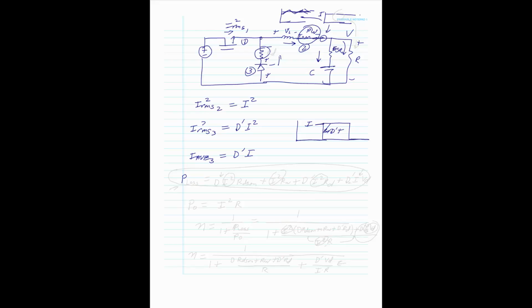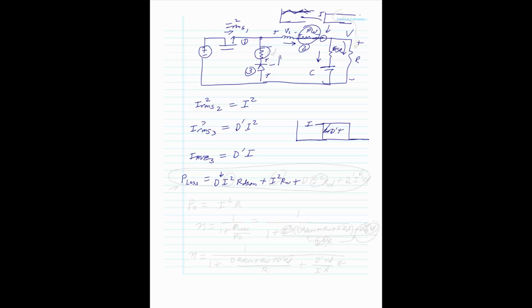The power loss now, you go back to the equation and you got RMS, right? You have the RMS of the RDS on, which was I RMS squared, which is D I squared RDS on. The second one was RW, that's I squared RW.